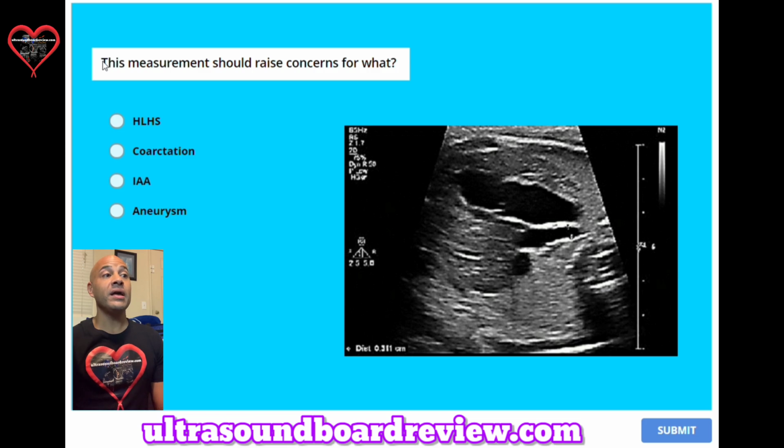Question 64. This measurement should raise concerns for what? A, hypoplastic left heart syndrome. B, coarctation. C, interrupted aortic arch. Or D, aneurysm.